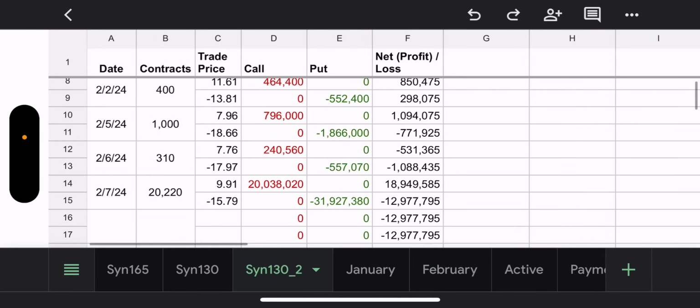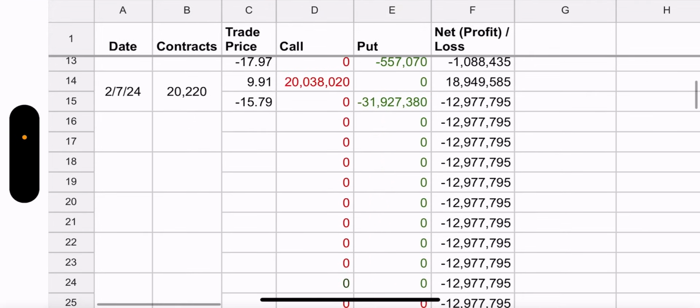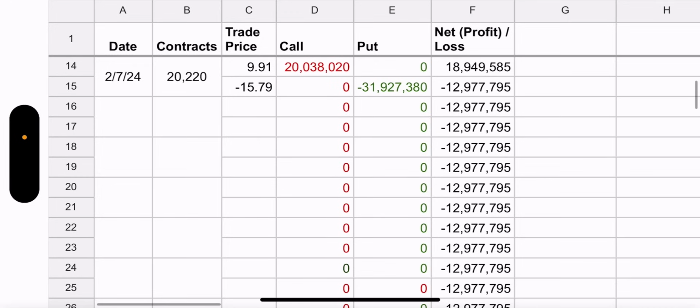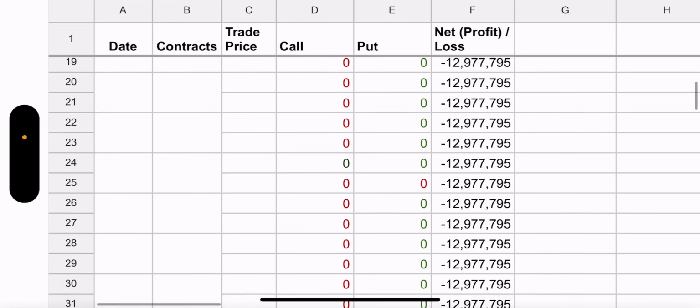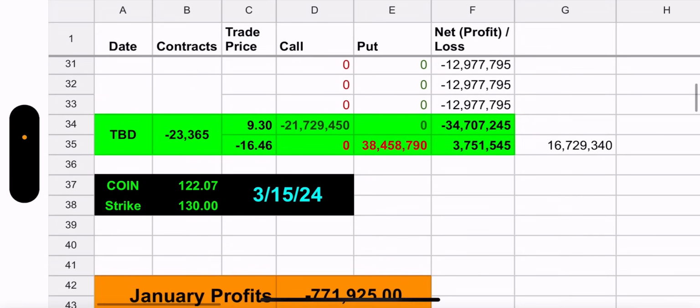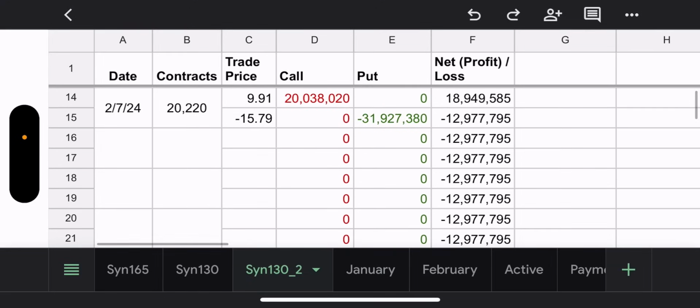All right, so what did they do with those contracts? They added it to the other position, 20,000, but they used 20,020 contracts, okay? Now, they did a buy call, sell put, and the credit for the put is greater than the call because look at the strike, 130. Coin price is well below that, so the sell put is going to bring us a higher credit.